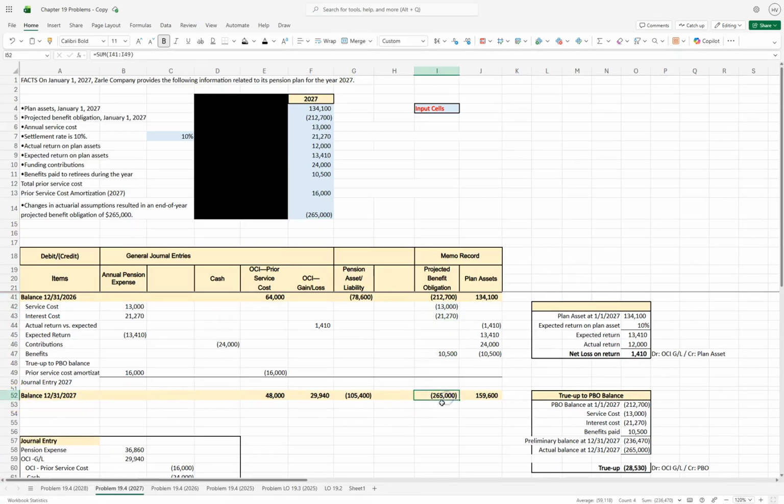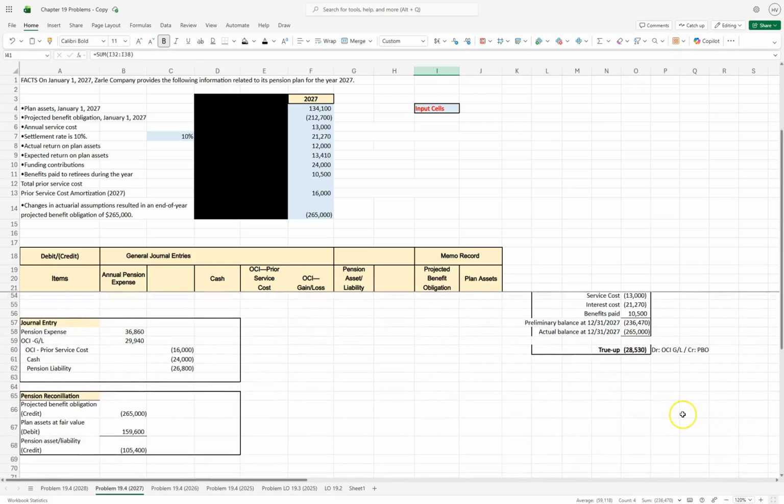Well, let's just look at this, ignore this 265 right now. That needs to be my ending balance. But let's look at my beginning PBO, which was 212. Then I had these 3 items hitting the PBO. And if I sum all those items, where's my sum? Oh, right here. The sum of those items is $236,470 as a credit. And I know that my credit actually needs to be 265. So there's some sort of true up to the projected benefit obligation.